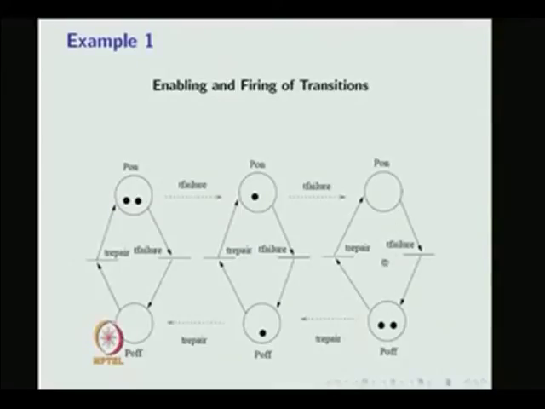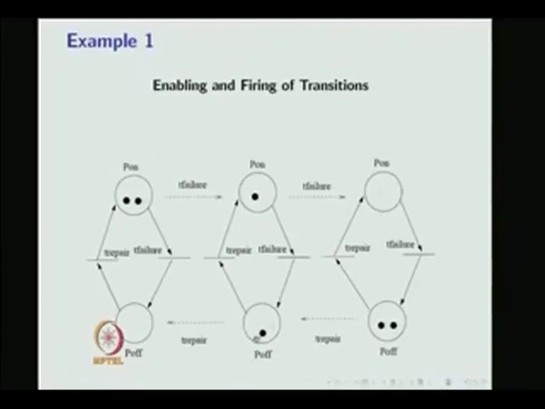Similarly, in this situation, no token in the place P on, 2 tokens in the place P off. Therefore, the T failure cannot enable. The only enabling transition is T repair. Therefore, if T repair fires, one token will be removed from the place P off, one token will be deposited in the place P on.